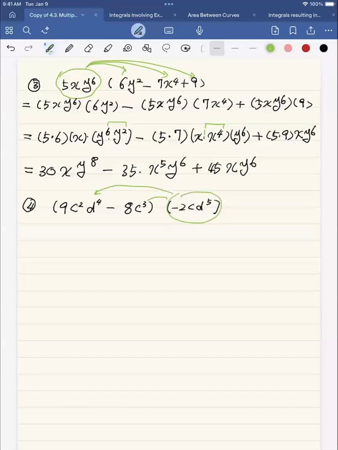We have to use distribution law. Then we have 9c squared d to the 4th power times negative 2c d to the 5th power minus 8c cubed times negative 2c d to the 5th power.